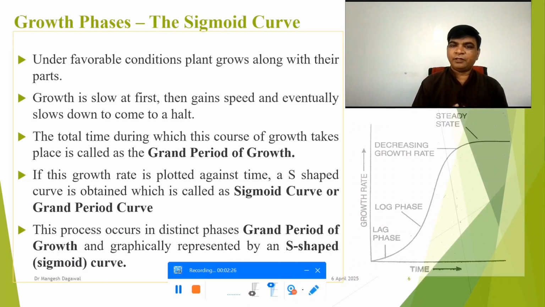The process occurs in distinct phases. Those distinct phases are the grand period of the growth, graphically represented by the S-shape or sigmoid curve. These are divided into four growth phases: lag, log, decreasing growth rate, and steady state. So the most important thing is what is meant by the sigmoid curve or the growth phase.